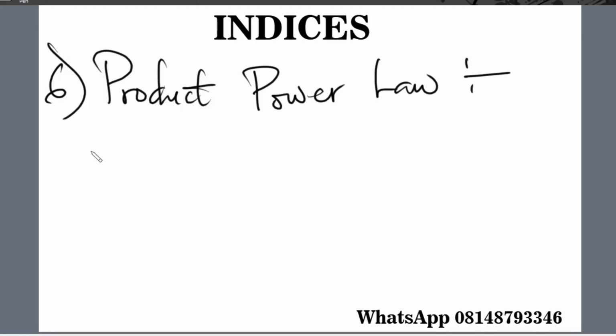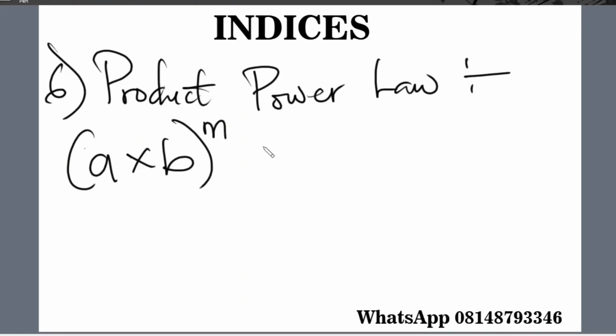Let's take an example. If we have a multiplied by b all raised to the power m and we are asked to solve this out, how do you go about it? A multiplied by b all raised to the power m equals, the first task is to raise each base to the power and then multiply the result. We have two bases here.